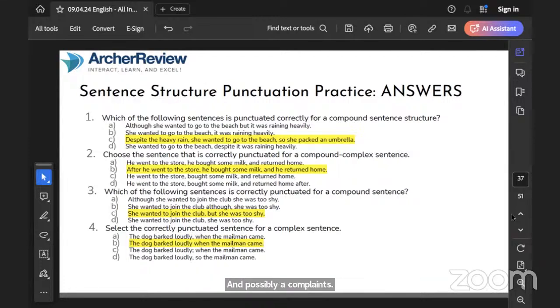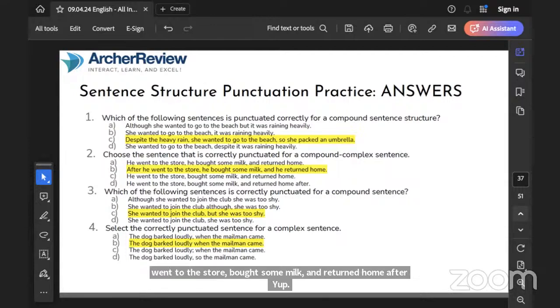But very good question. And that's why that was in there, was to trick you. Sorry. Any other questions? That was a great one. 2D is also simple. He went to the store, bought some milk, and returned home after. Yep, that's a simple sentence as well.